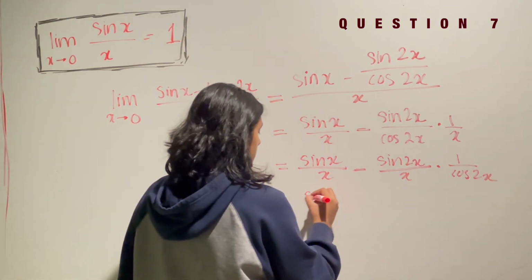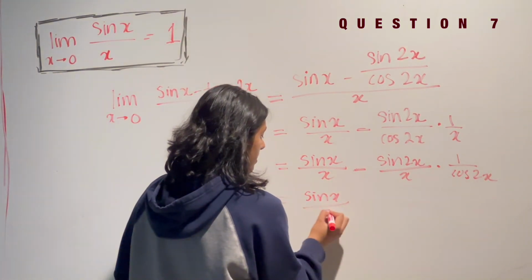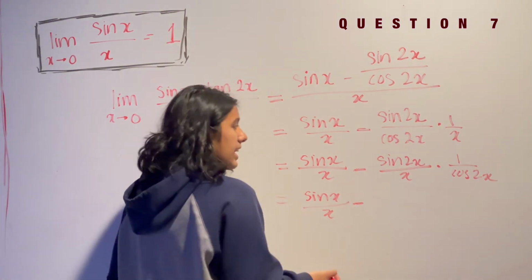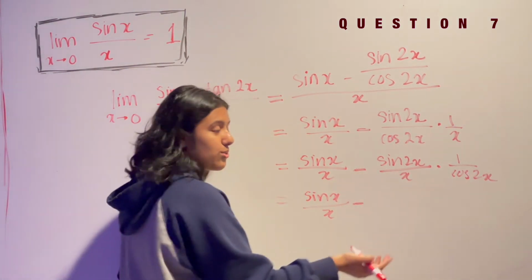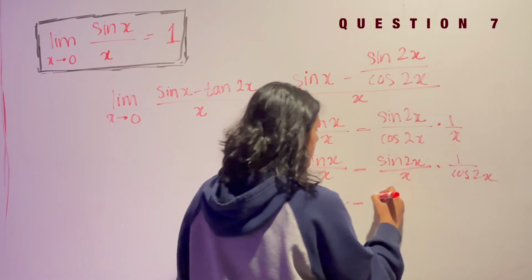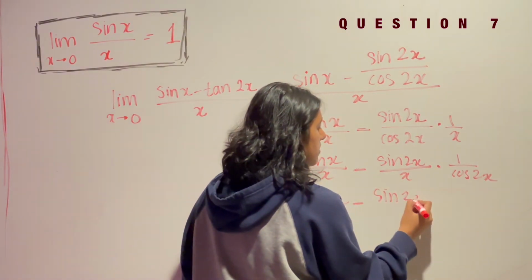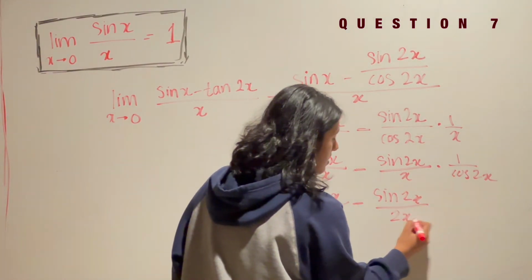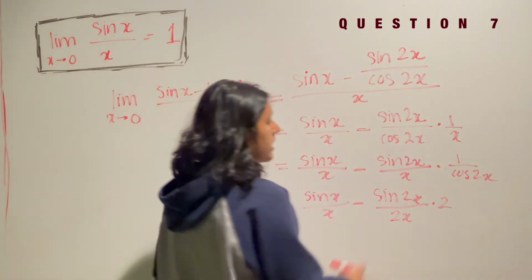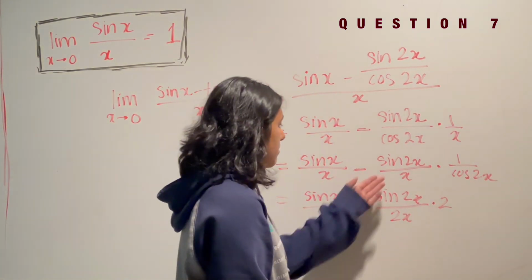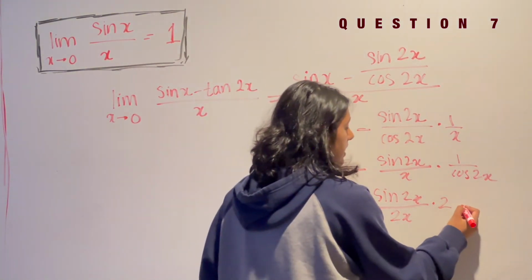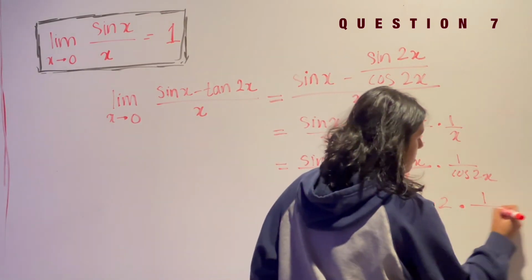Now let's write this the same way. We already know how to deal with these types of limits. We can do sin 2x over 2x times 2. The 2 and 2 will cancel out, so you would just be left with this if you simplified it, and let's just leave this the way it is.